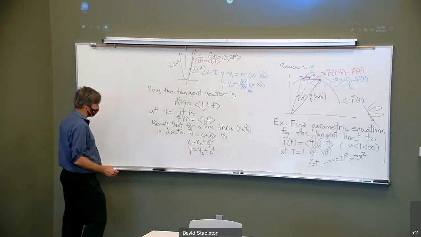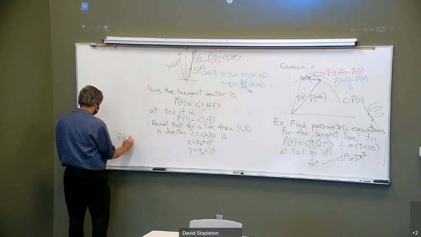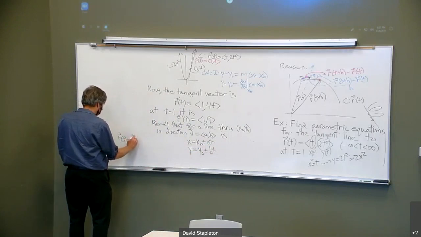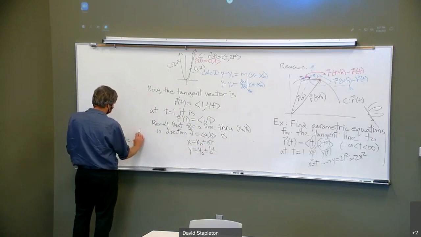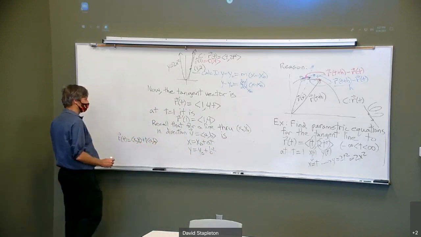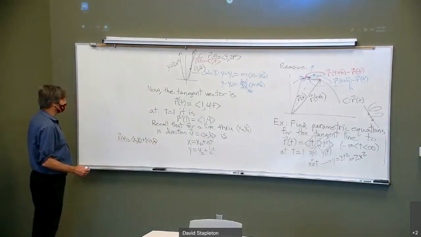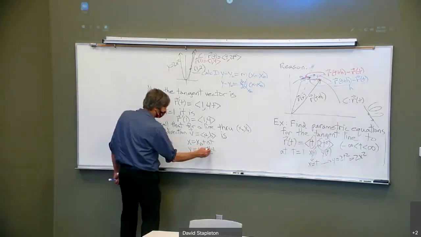You could also do it with vectors and say the vector form of that is r equals x0, y0 plus t times the direction vector, equivalent to these on this side.